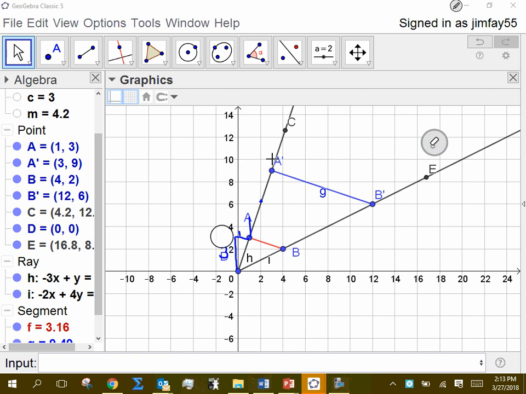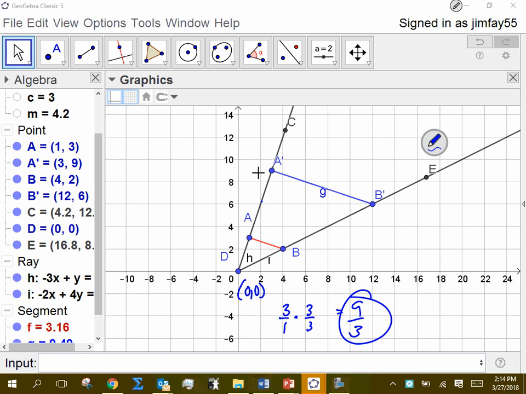So if my rise over run from my rotation point, from 0, 0, to get to A, that rise was 3 over 1, my scale factor is 3. So to go from D to A prime, can I multiply that by 3 over 3 and get 9 over 3? Yes. And there's my slope that I go from D to get to A prime. Does that make sense, everybody?